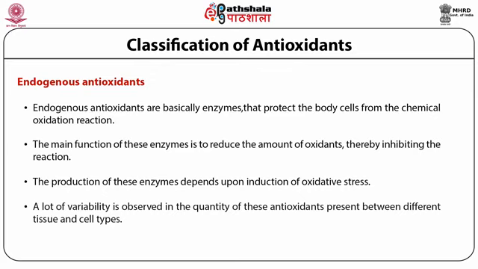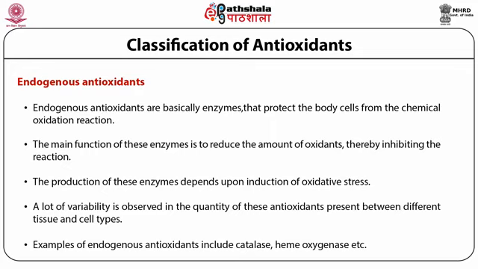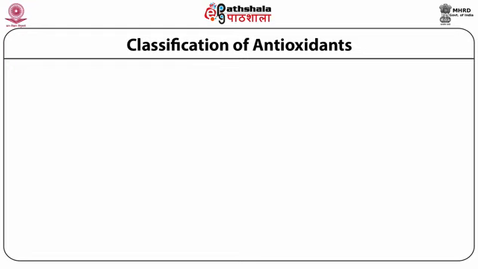A lot of variability is observed in the quantity of these antioxidants present between the different tissues and the cell types. Examples of endogenous antioxidants include catalase, hemioxygenase, etc. The second type of antioxidants are the exogenous antioxidants.